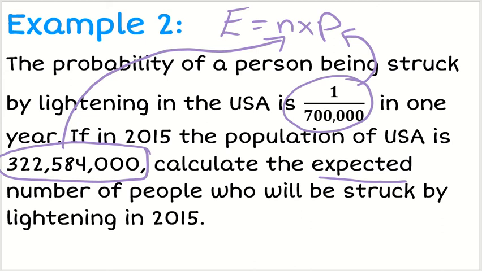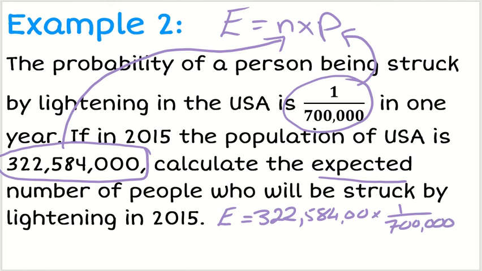So let's multiply those together and get E equals 322,584,000 times 1 out of 700,000. Put that into our trusty calculator, and that gives me 460.8.